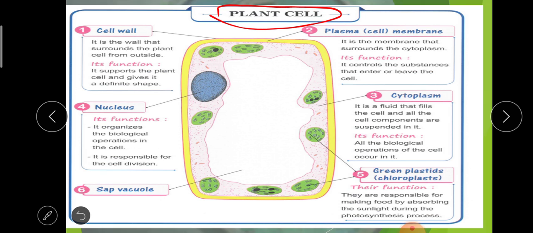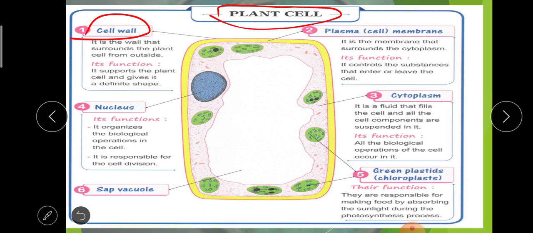We noted that the first component of plant cell is a cell wall because the plant has no bones to give it definite shape like us. The human body has a definite shape by bones. So plant has no bones, so it is surrounded from outside by a cell wall.